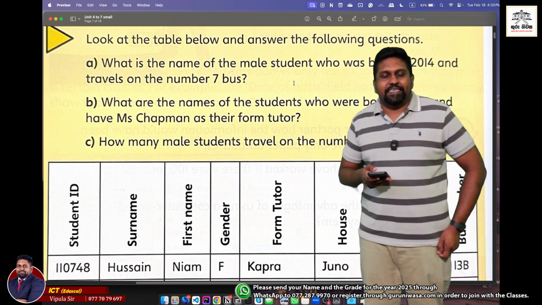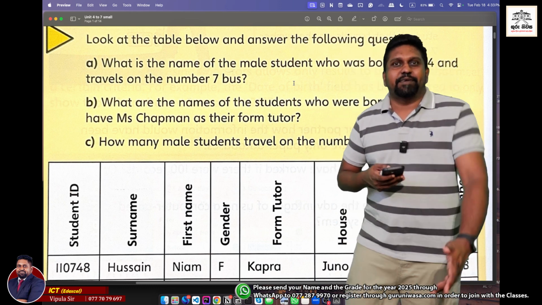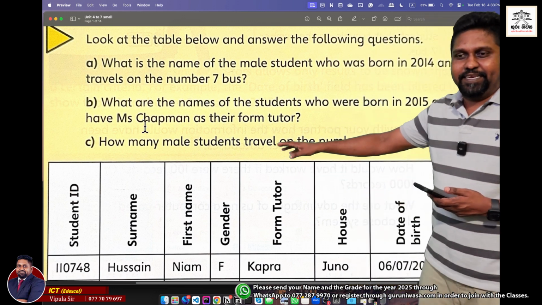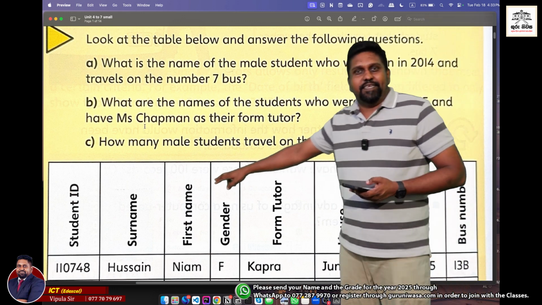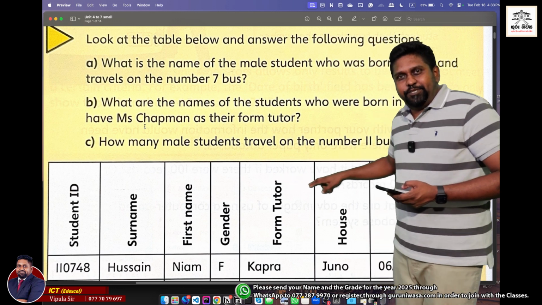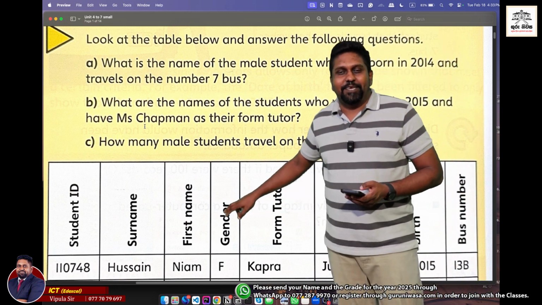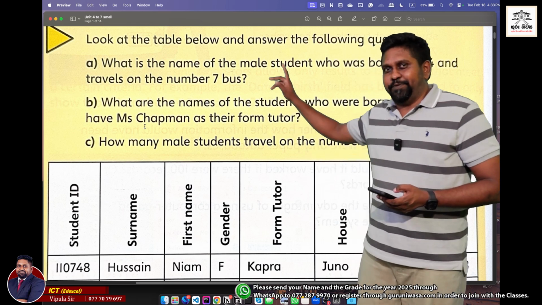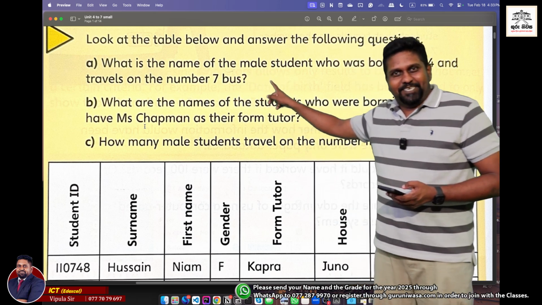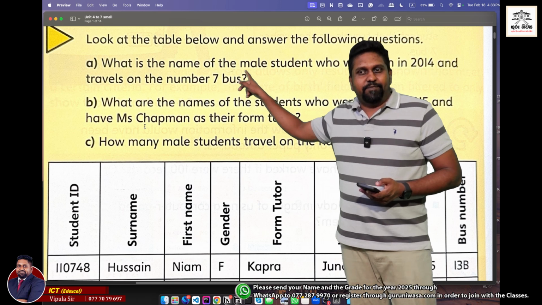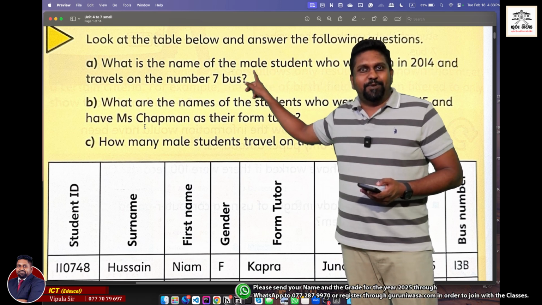A filter is one of these fields, right? These are the set of fields which we will be filtering the content from. Now if you check the question again, it is asking what is the name of the male student.